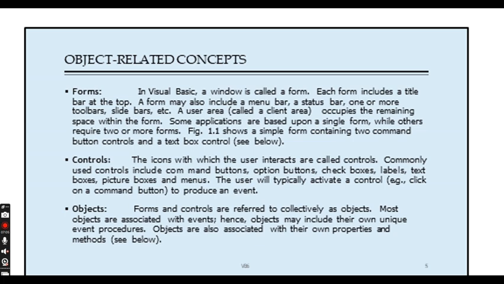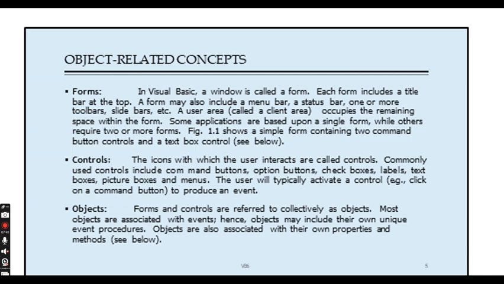The user area, or where the design of that form is, is called the client area, which occupies the space within the form. Some applications are based upon a single form, while others require two or more forms. For example, a simple form containing two command button controls and a text box control. We shall be looking at that later. Just like I said, controls are the icons within which the user interacts with.